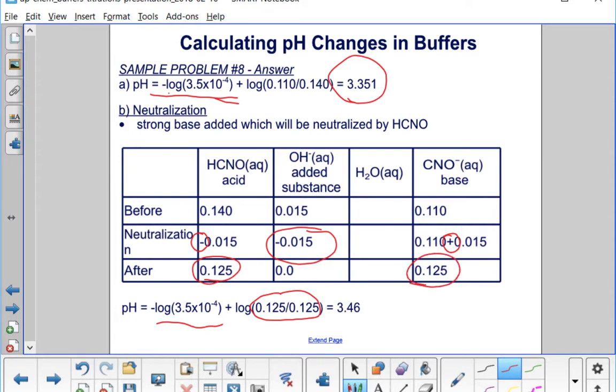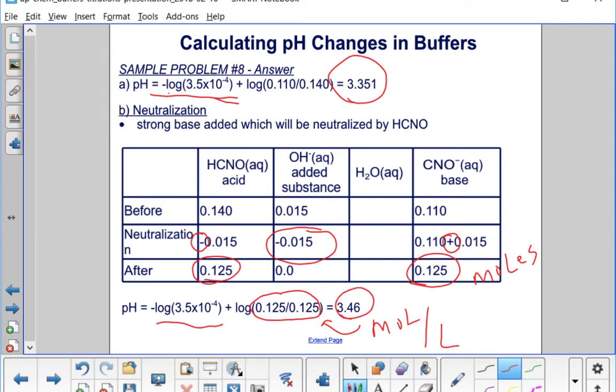Now just be careful, remember that in the neutralization part here, this is moles, and here this is moles per liter. But in the sample problem, the volume of the solution was 1 liter. So anyway, we get a pH of 3.46.